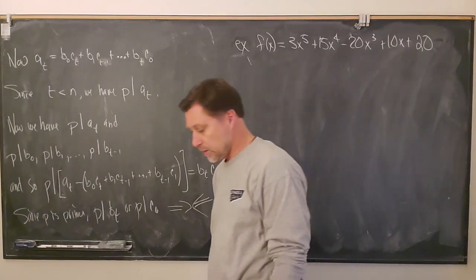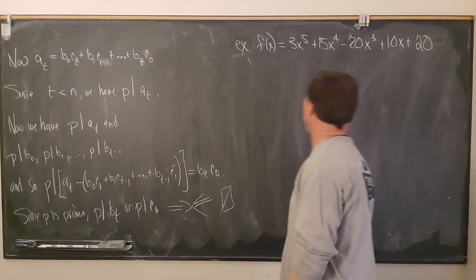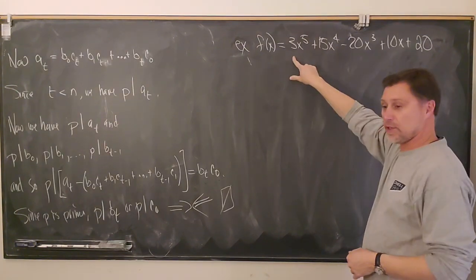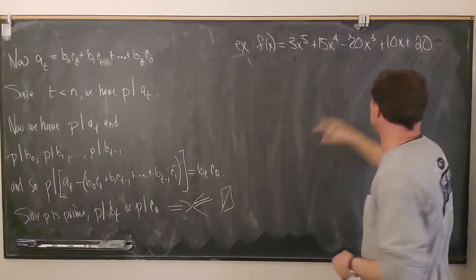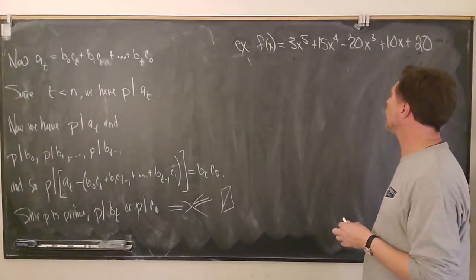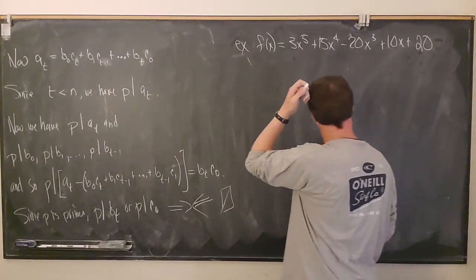What do we want to do? If we can find a prime that divides all except the leading coefficient, and whose square does not divide the constant coefficient, then we're done. We know that this polynomial is irreducible over Q.